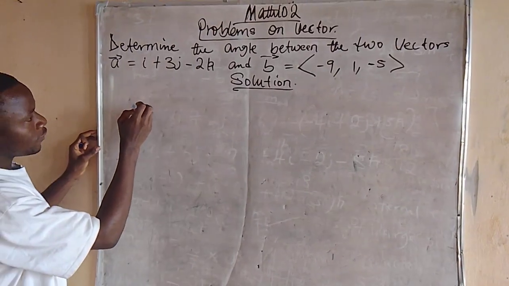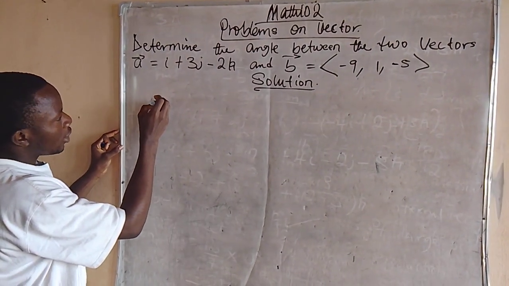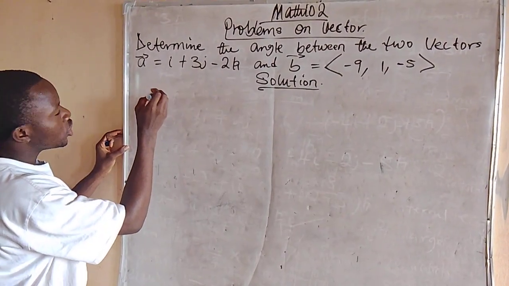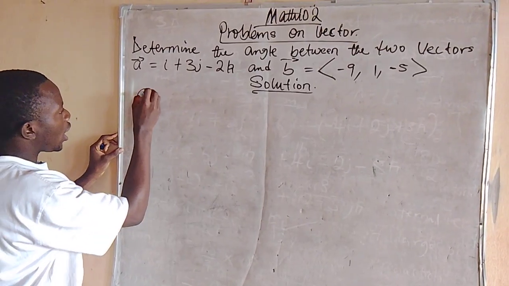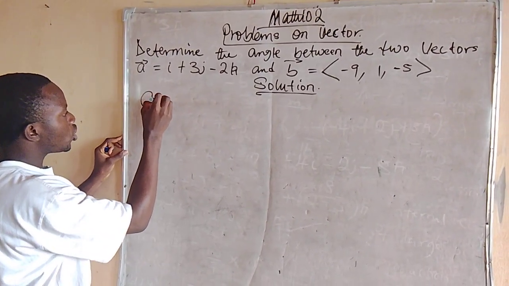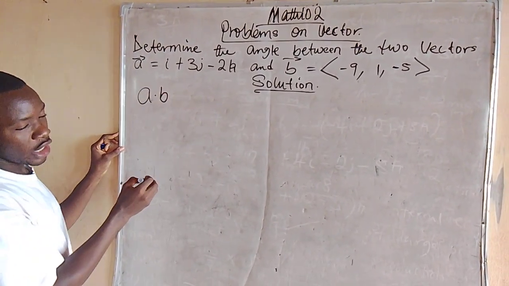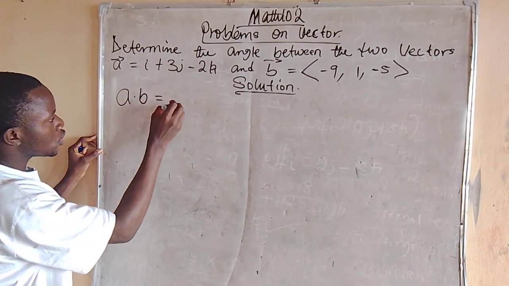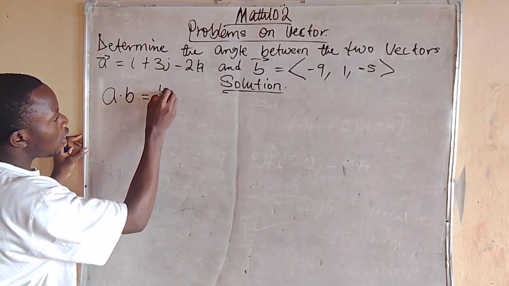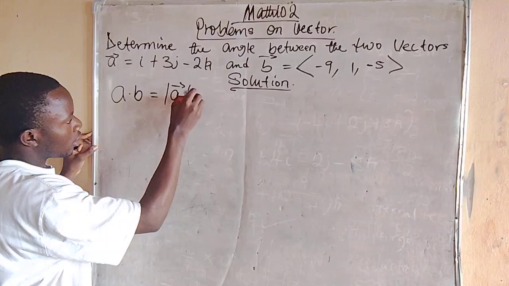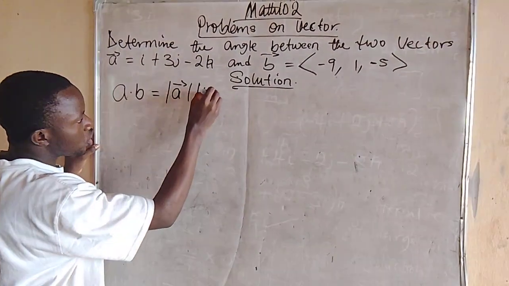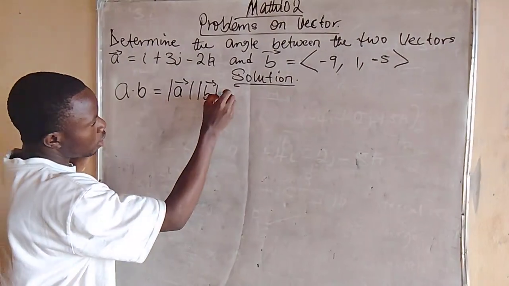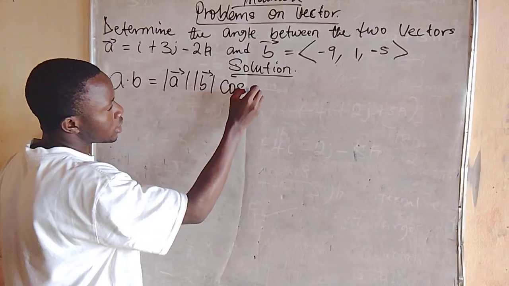Can you recall the formula for the dot product? In this case, we have the dot product of vector A and B, which is equal to the magnitude of vector A multiplied by the magnitude of vector B times cos theta.